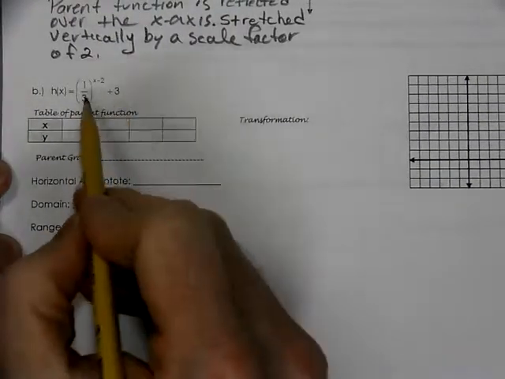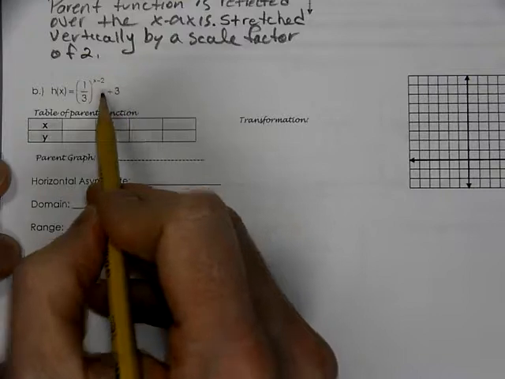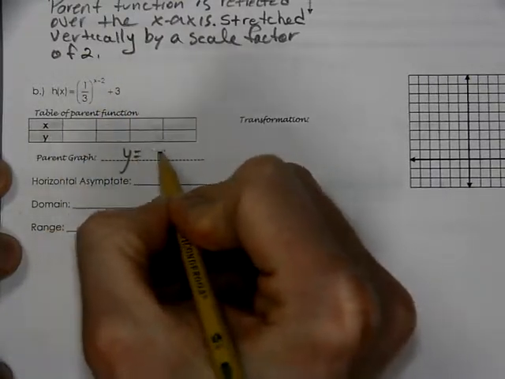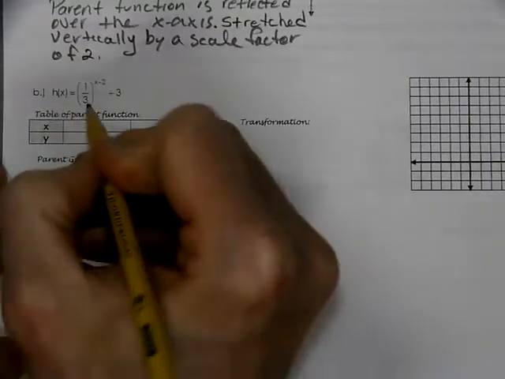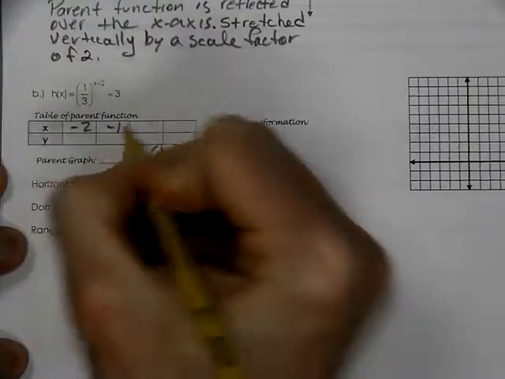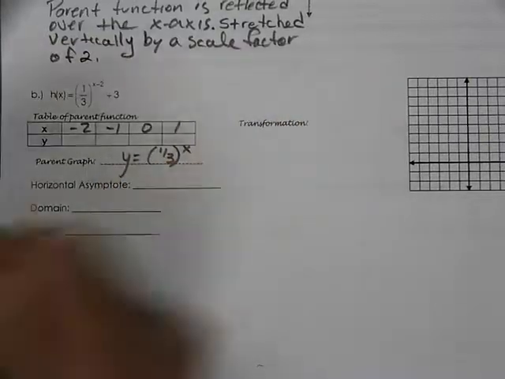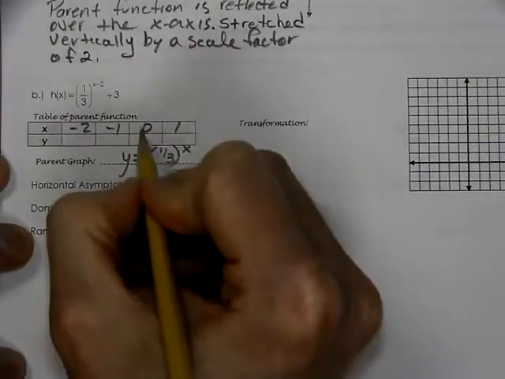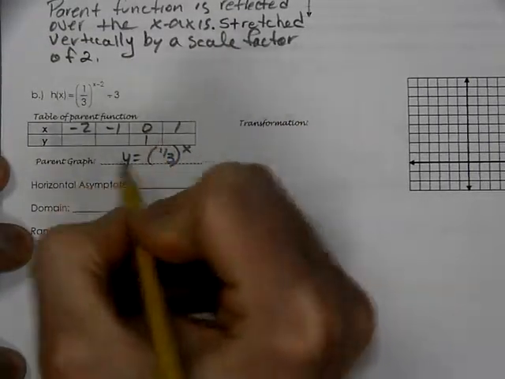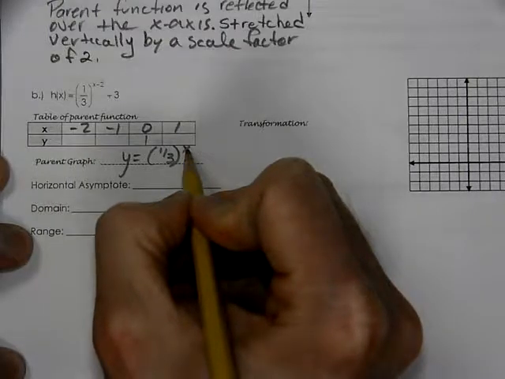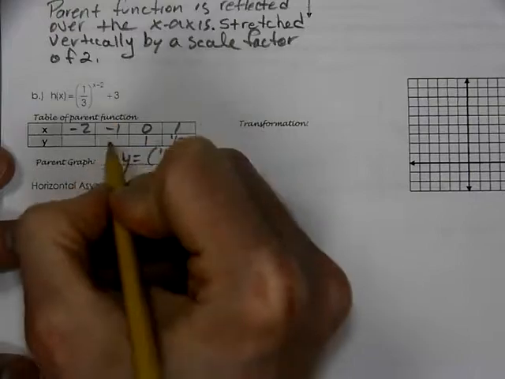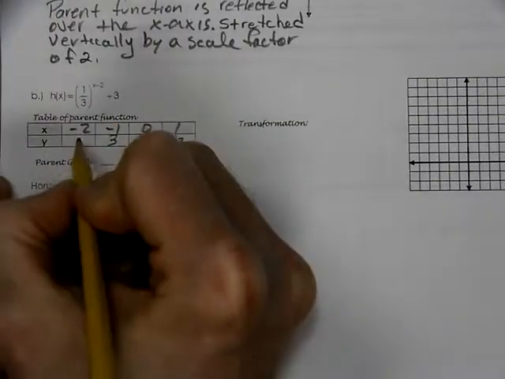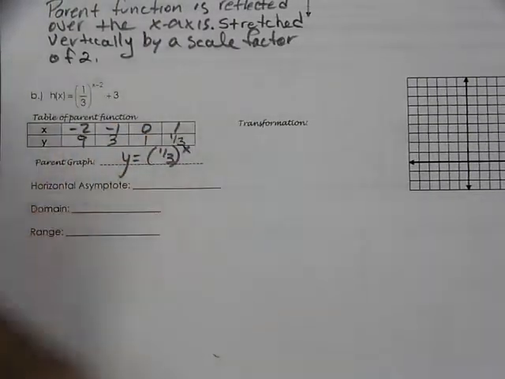We look at this graph, we see a parent function, and we see a translation. So our parent function is going to be 1/3 to the x power. So at 0, any base to the 0 power is 1. Any base to the first power is itself. -1 is going to flip it. -2 is going to flip it and square it.